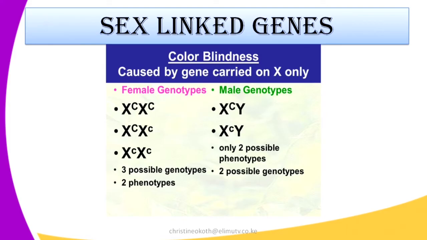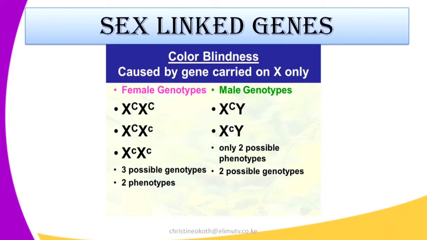Then still on the female, the last genotype is both of them bearing the small c, meaning that they have both the color blindness gene. So in female there are only 3 possible genotypes, while the phenotype is only 2. If somebody is a carrier, you will not be able to see it in the phenotype.